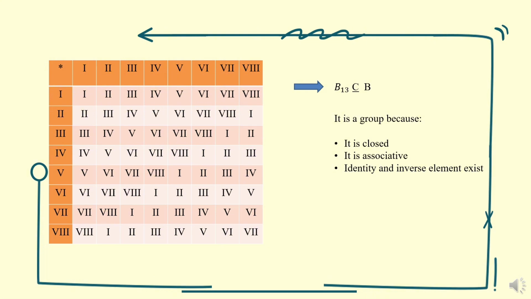Okay, so the inverse of each element in this table: for example, the inverse of Roman numeral 1 is 1. The inverse of Roman numeral 2 is 8. Why?